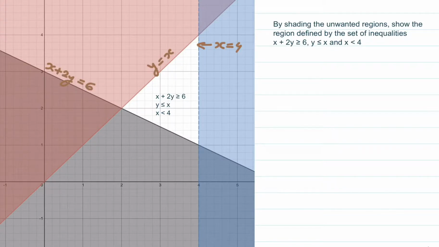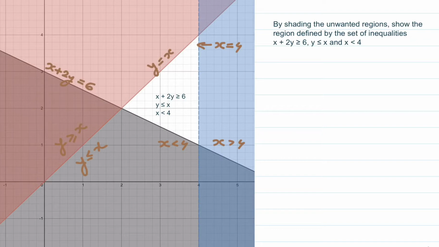Now observe, for the blue shaded region, this is x greater than 4, and the other side is x less than 4. For the line y is equal to x, this part is y less than or equal to x, and the shaded is y greater than or equal to x.